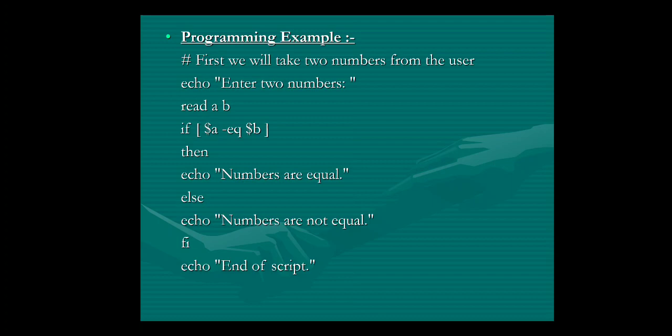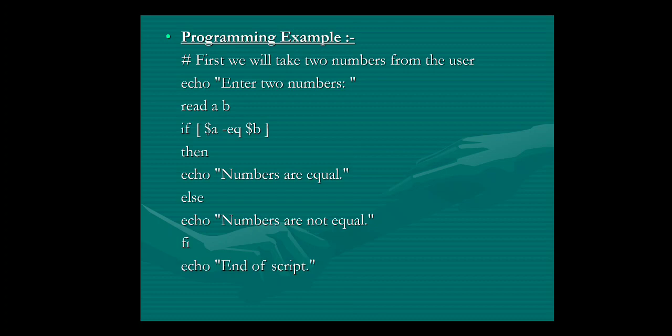For better understanding, let us take a programming example. Here we will take two numbers from the user and check whether the numbers are equal or not equal using the if-then-else-fi statement. In the first line we display the message for taking two numbers through the echo command, and in the second line we take two numbers as input through the read command.